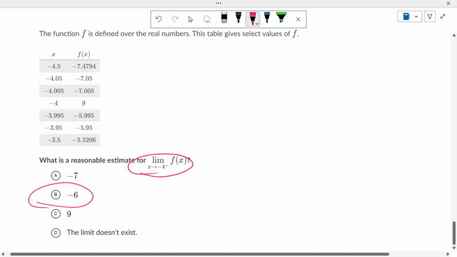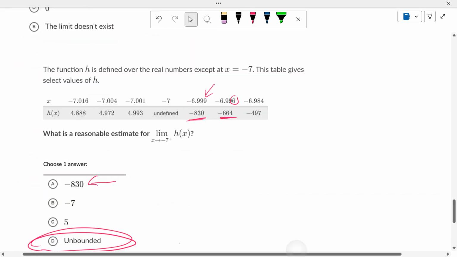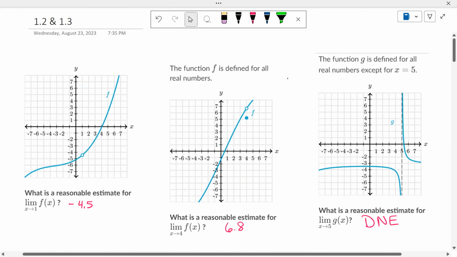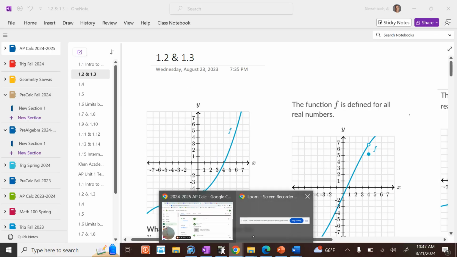We're getting closer and closer to -6 as we're going from the right, because these numbers are to the right of -4. Okay? You just have to make sure you see that plus sign or minus sign behind it. Okay? So we're going from the right, from the left, and estimating on our next ones. That's the last one for today.